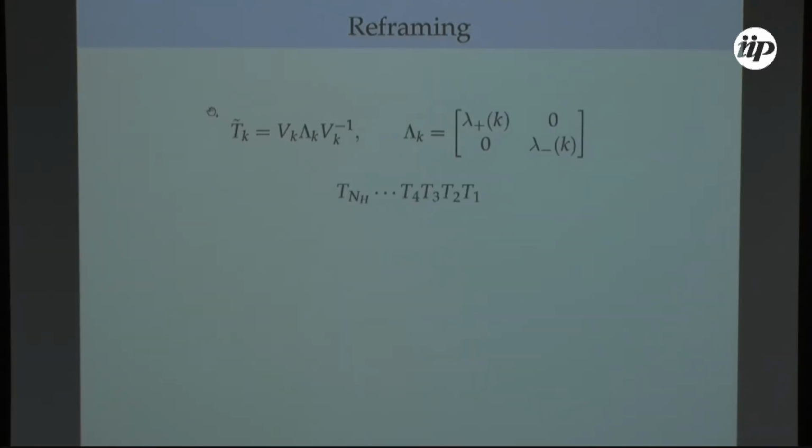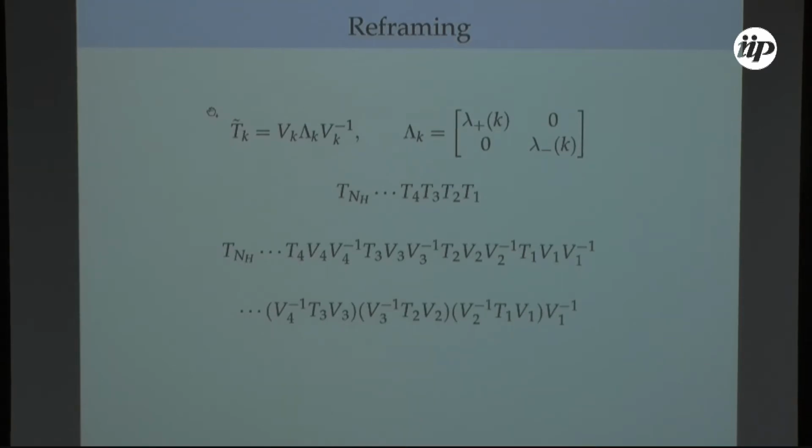So I just want to reframe this problem a little bit. Here I've algebraically done nothing. I've just inserted these v's inside there. So this is really the same as this. I just put a v3 next to a v3 inverse, and I did it everywhere. If you group these terms, what's going on?